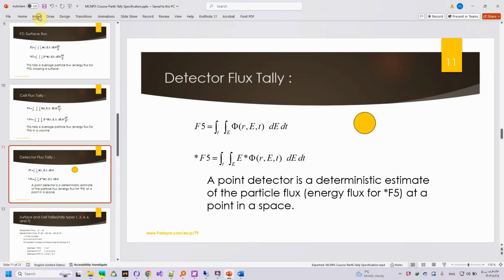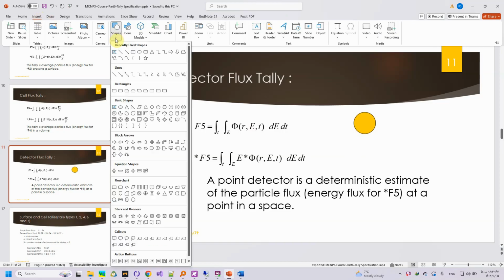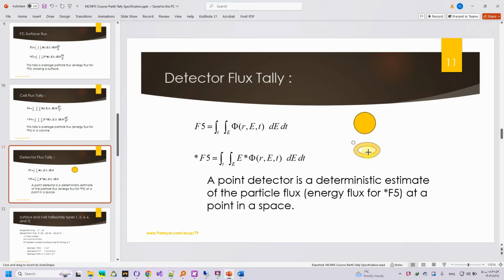The next type of F5 is the ring detector, something like this shape. Here we can change the inner and outer rings.